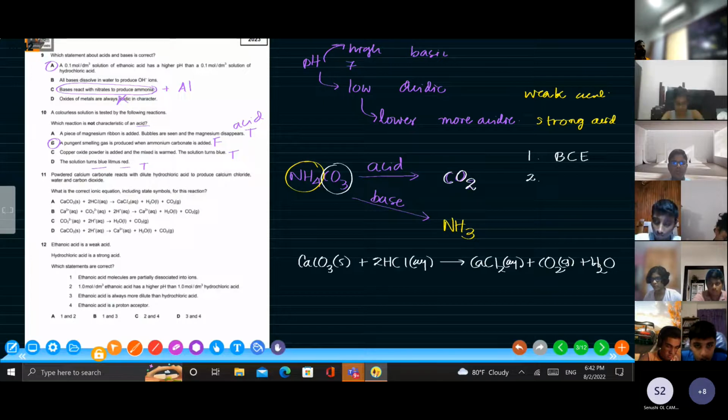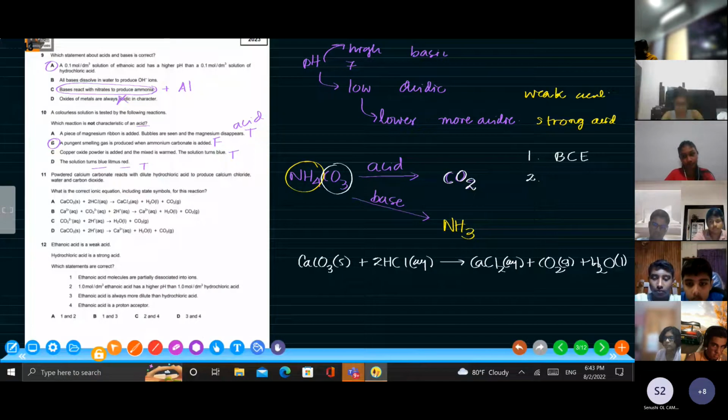Next, you are going to split compounds under these two conditions. One, soluble ionic compounds split into ions.